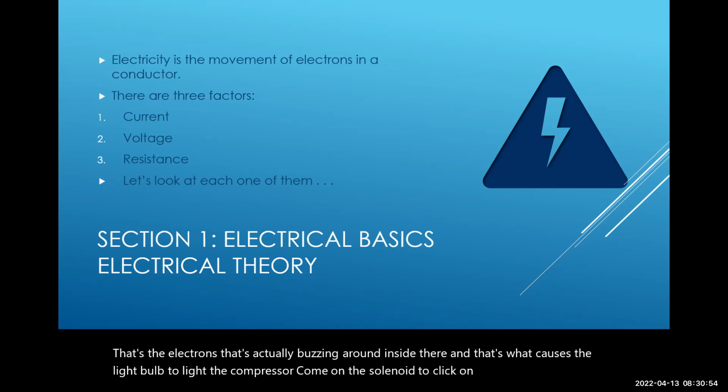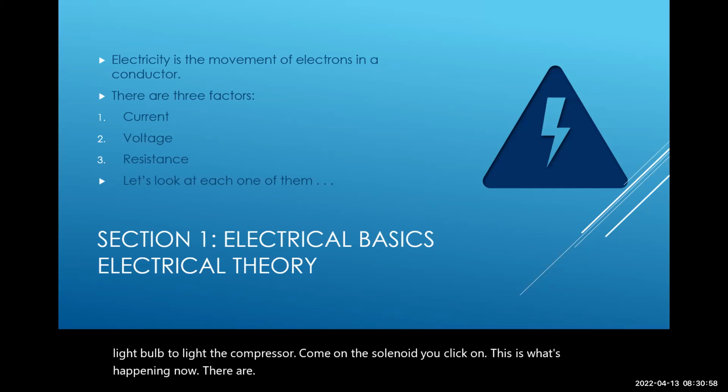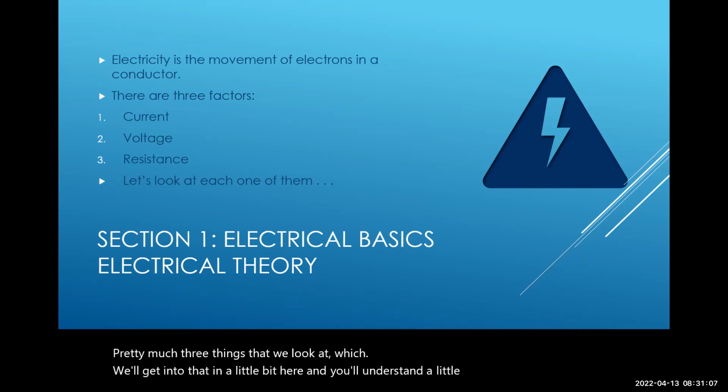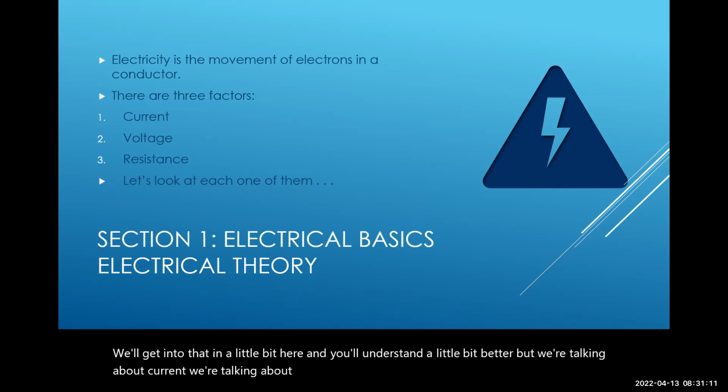This is what's happening. Now, there are pretty much three things that we look at, which you'll understand a little bit better in a bit. We're talking about current, we're talking about voltage, and we're talking about resistance.